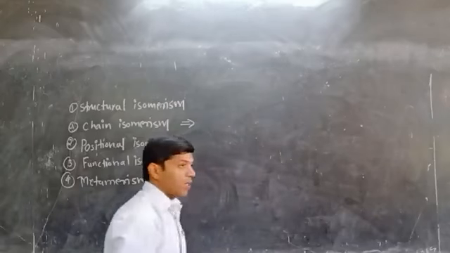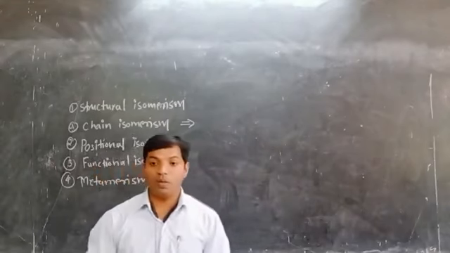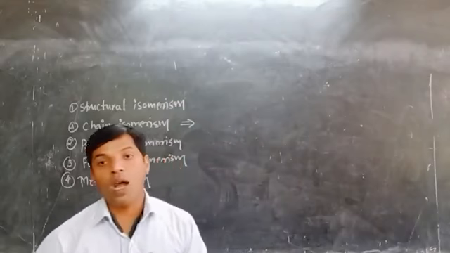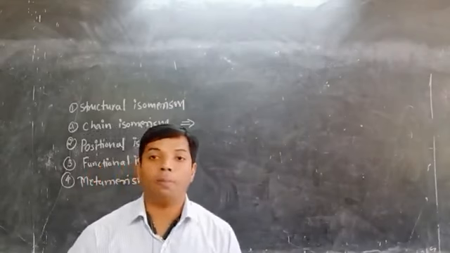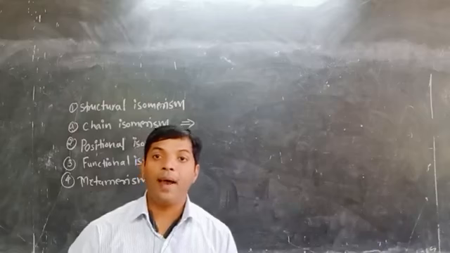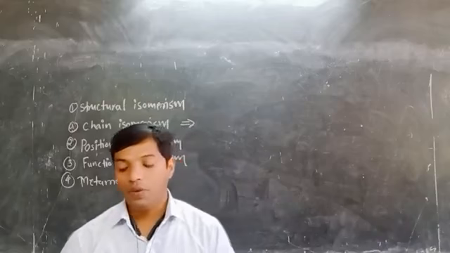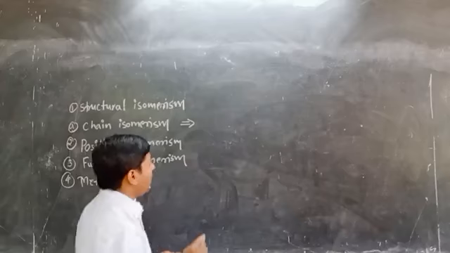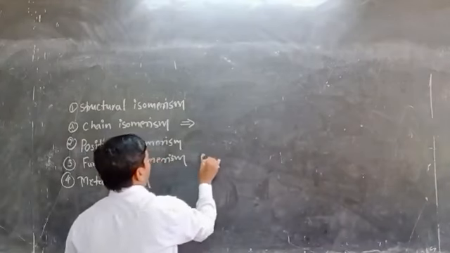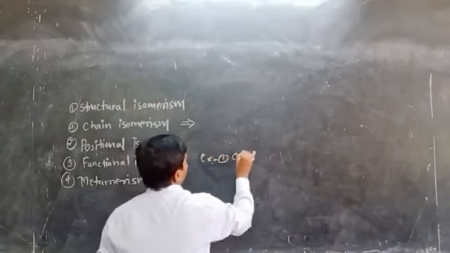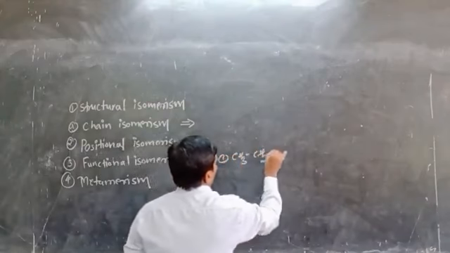What is functional isomerism? In functional isomerism, when two or more compounds have the same molecular formula, but they have different functional groups, they are called functional isomers. Example: CH3, CH2, OH.